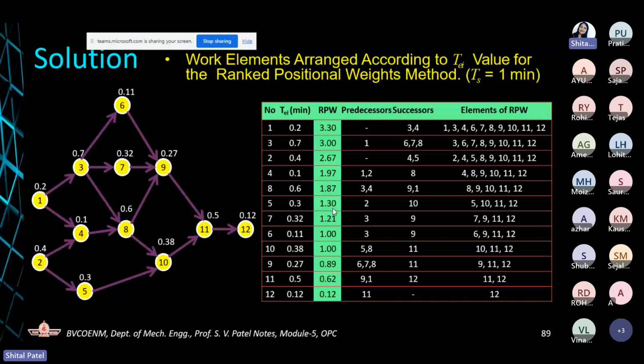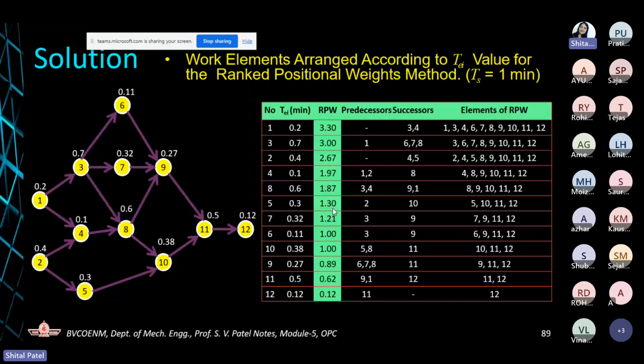All these activities depend upon activity number 1. Unless activity 1 is completed, you cannot reach activity number 12. So activity number 1 is given the highest weightage.